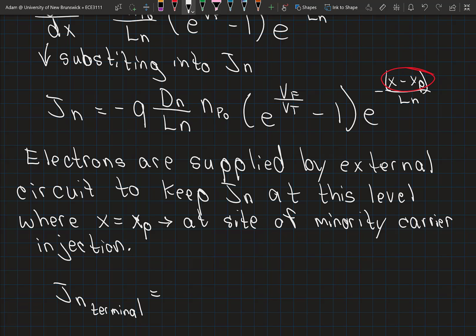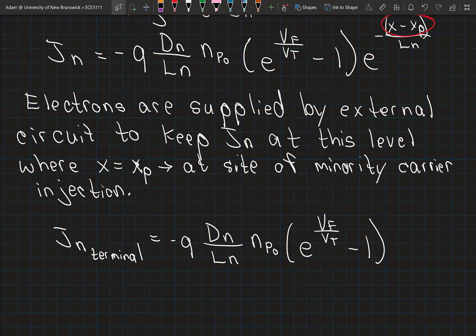So I end up with a terminal current to maintain that current density at the edge that's equal to minus q times my diffusion constant divided by my diffusion length times my thermally generated minority carrier concentration times e to the Vf over Vt minus 1.